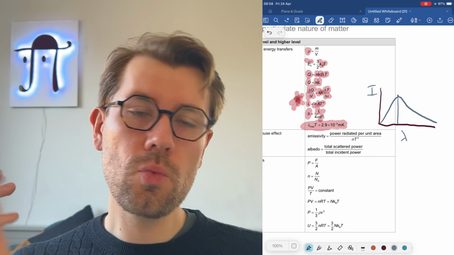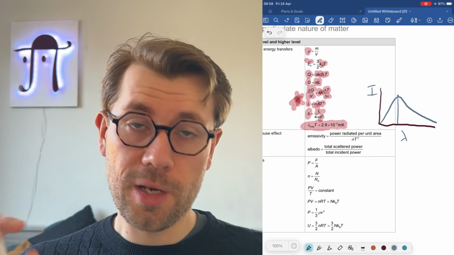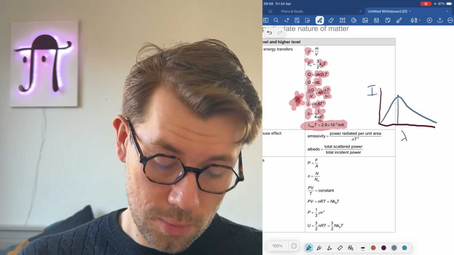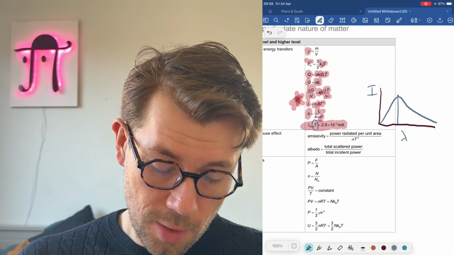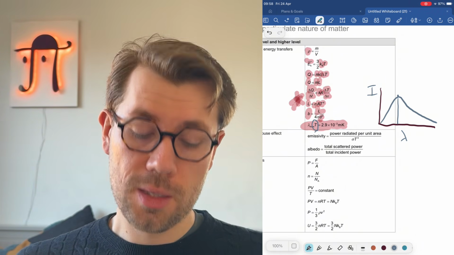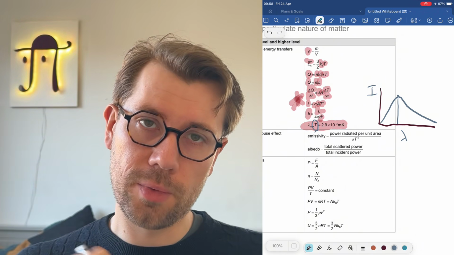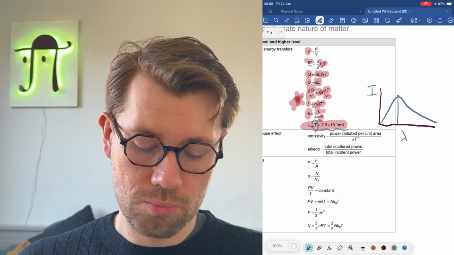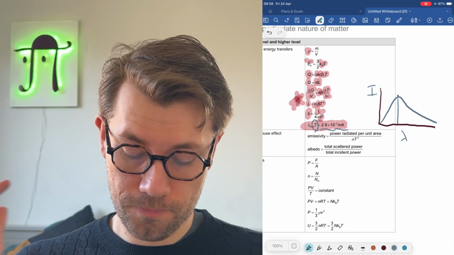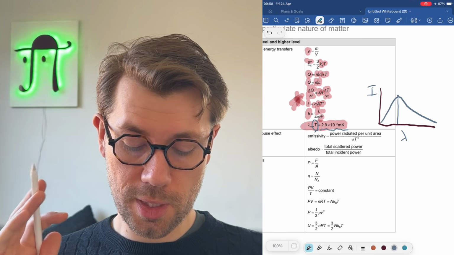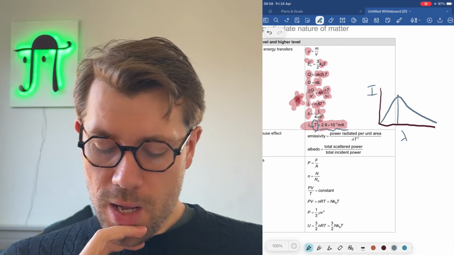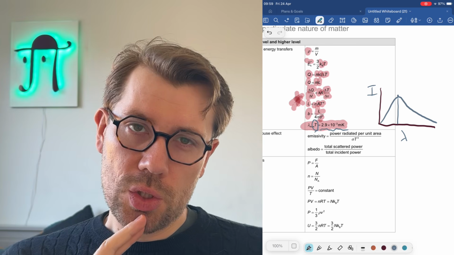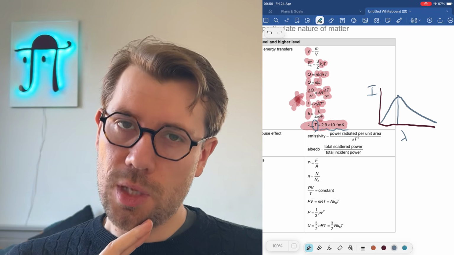If you wanted to know what that peak was for any black body, as long as you know the temperature of that black body, then you can find the peak max wavelength, just using this constant here. Nice and easy.